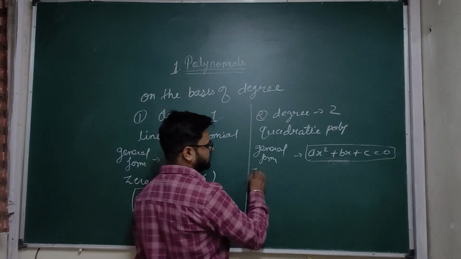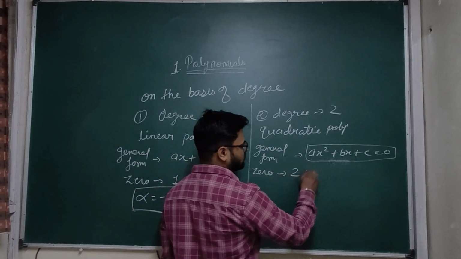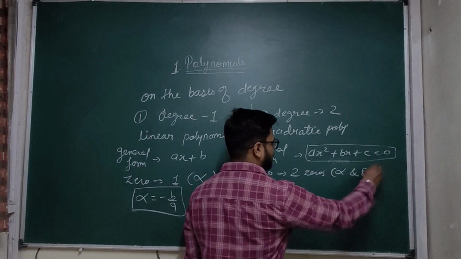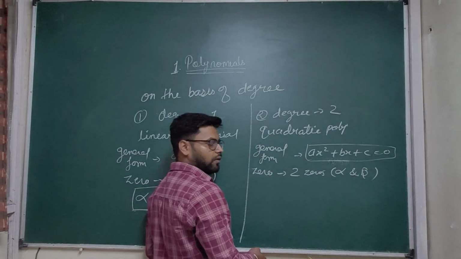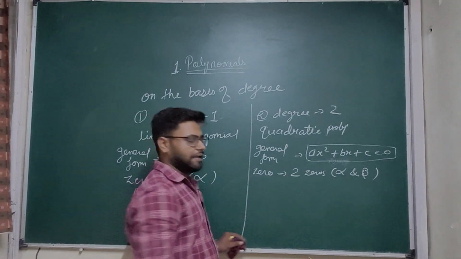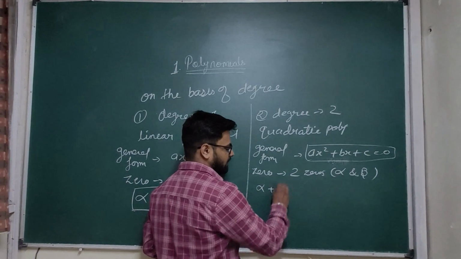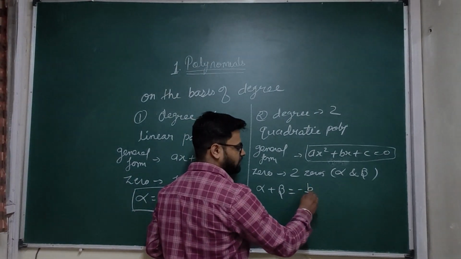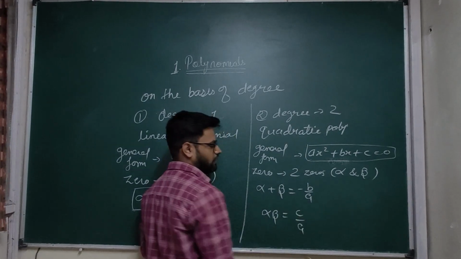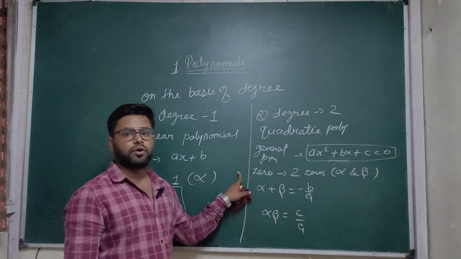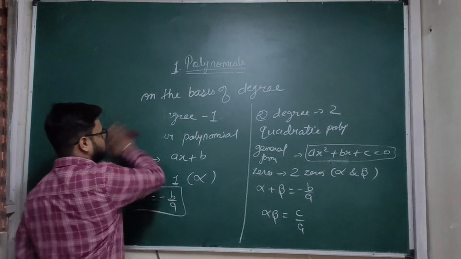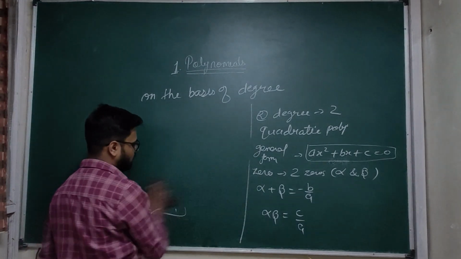A quadratic polynomial has two zeros named alpha and beta, and the relation between the coefficients and the zeros will be alpha plus beta equals minus b by a, and alpha beta equals c by a. This is known as a quadratic polynomial.